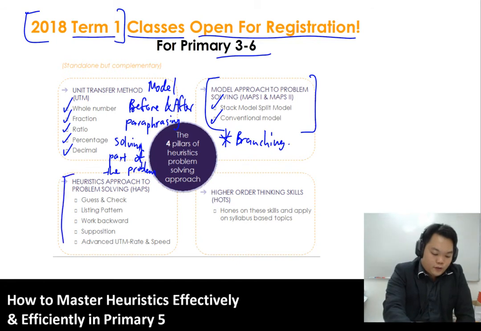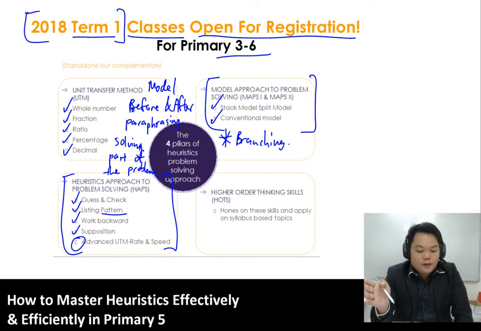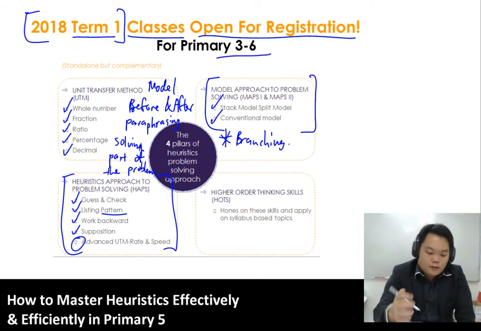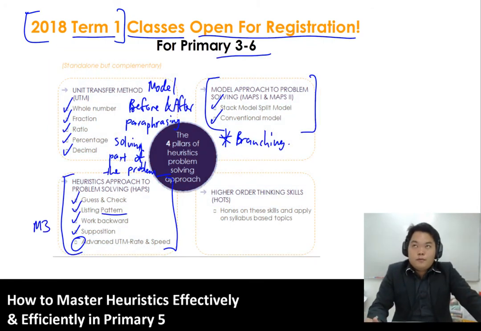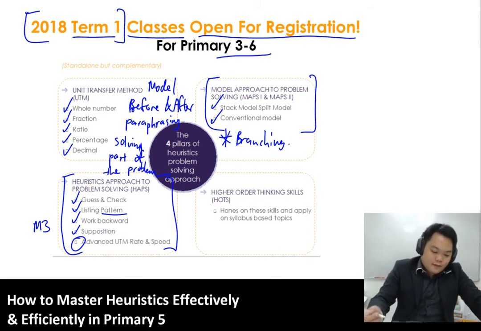As for the heuristics approach, it will cover most of the 11 heuristics, such as guess and check, systematic listing, look for patterns, working backwards, and making suppositions, and this is more for P6. We would cover the topic of speed. This is in Module 3, which is usually around mid-May.